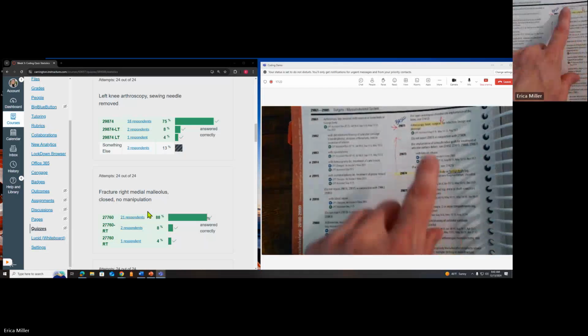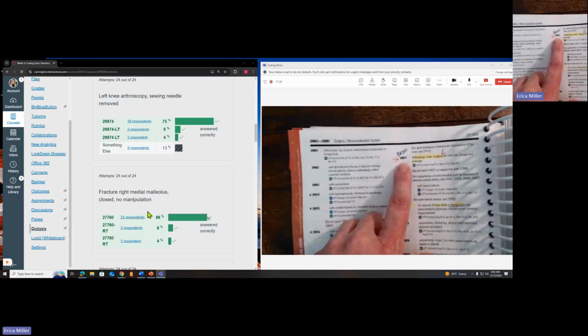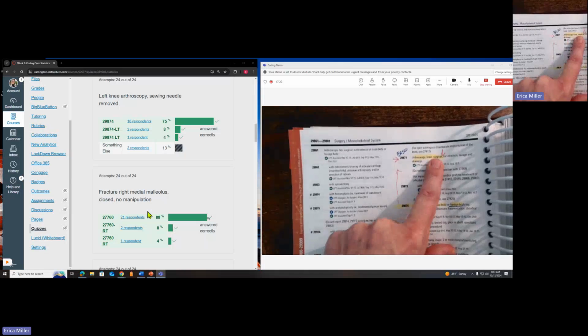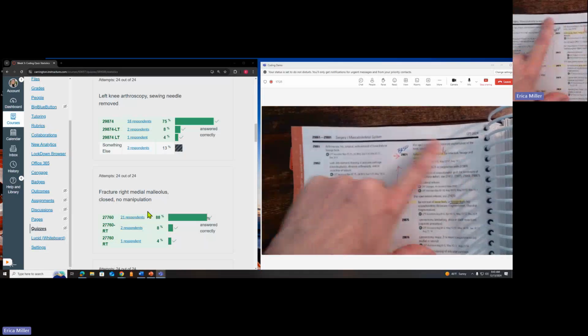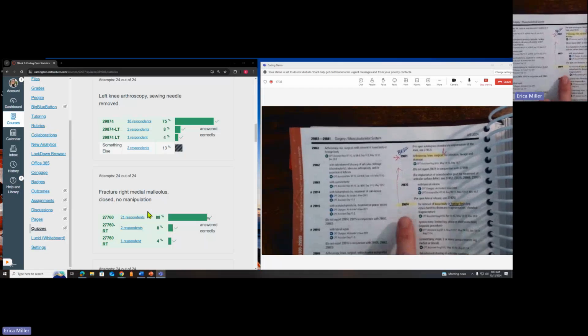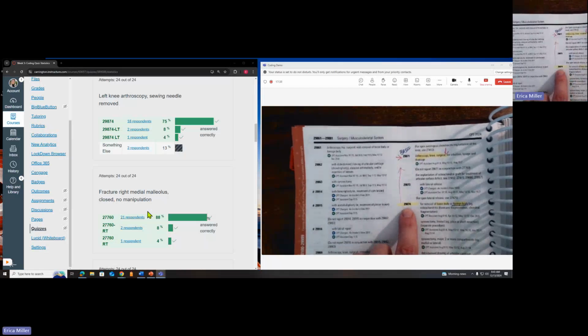All right. So 29871, I've already identified this as your base, right? So arthroscopy, knee, surgical, stop at that semicolon. And then here we go. So pieces of the puzzle are coming together.